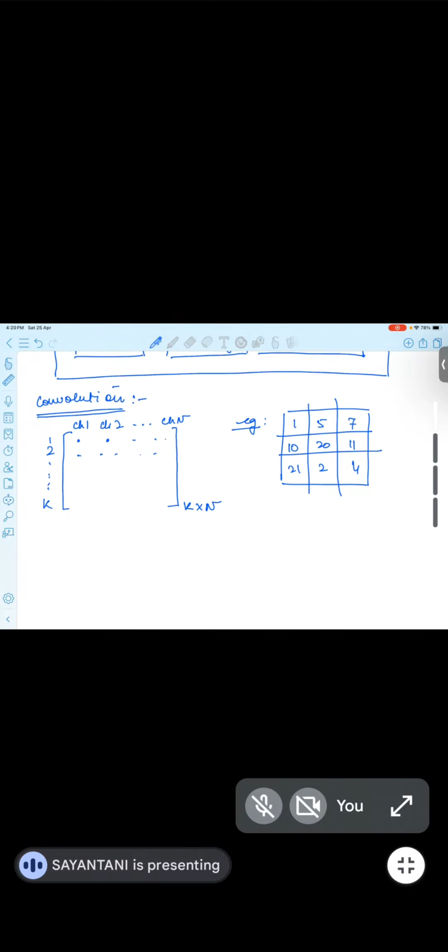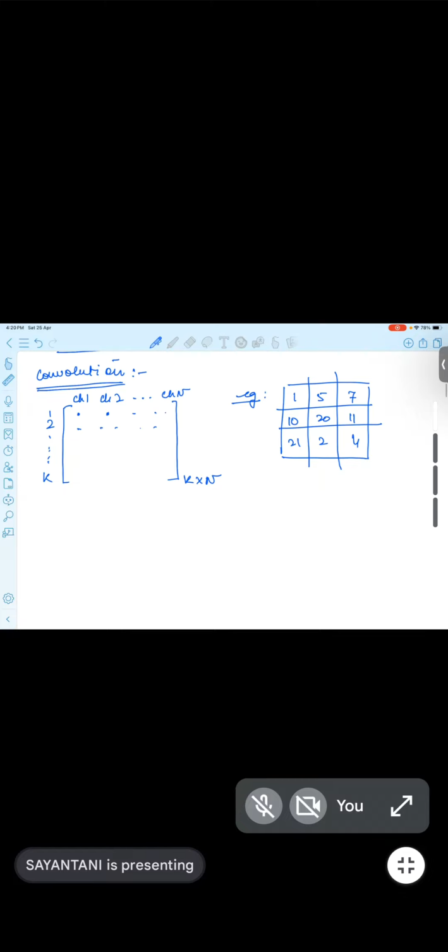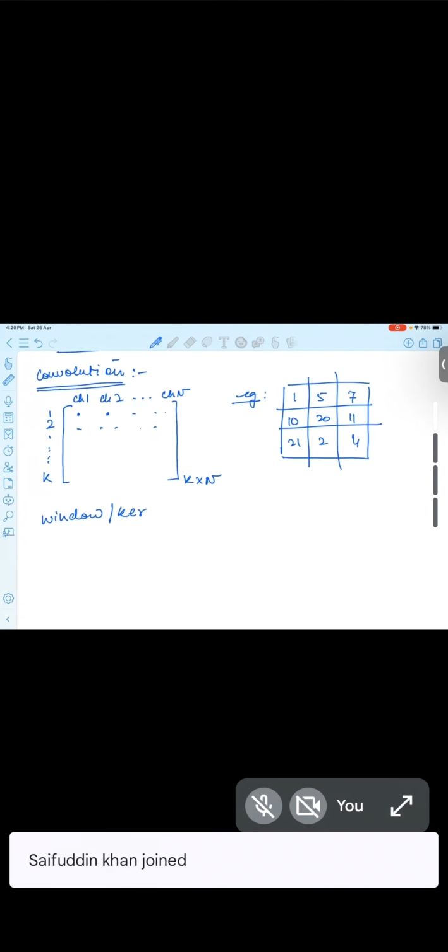Now, how am I going to perform the convolution operation? In convolution, first you have to select a small window or it is also referred to as a kernel.